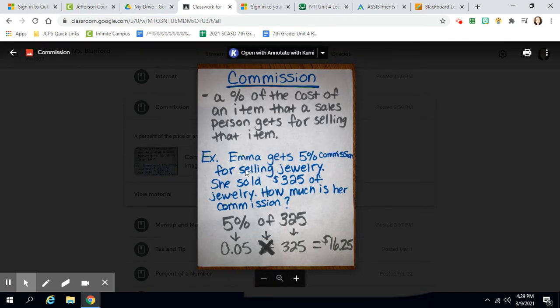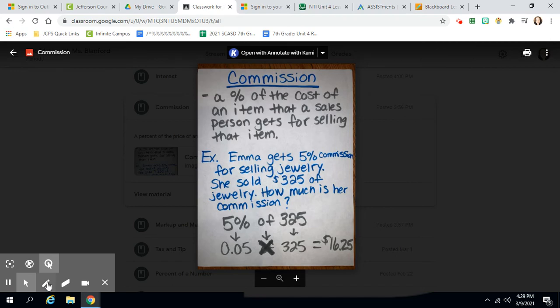Let's say Emma is working there and she's selling jewelry at one of those kiosks. And she gets paid based on how much she sells. So she gets a 5% commission for selling the jewelry. If she sold $325 of jewelry, how much commission will she get?